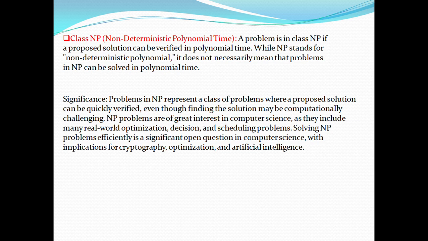The significance of the NP class is that it represents a class of problems where a proposed solution can be quickly verified, even though finding the solution may be a computational challenge. NP problems are of great interest in computer science as they include many real-world optimization, decision and scheduling problems. Solving NP problems efficiently is a significant open question in computer science, with implications for cryptography, optimization, and artificial intelligence.